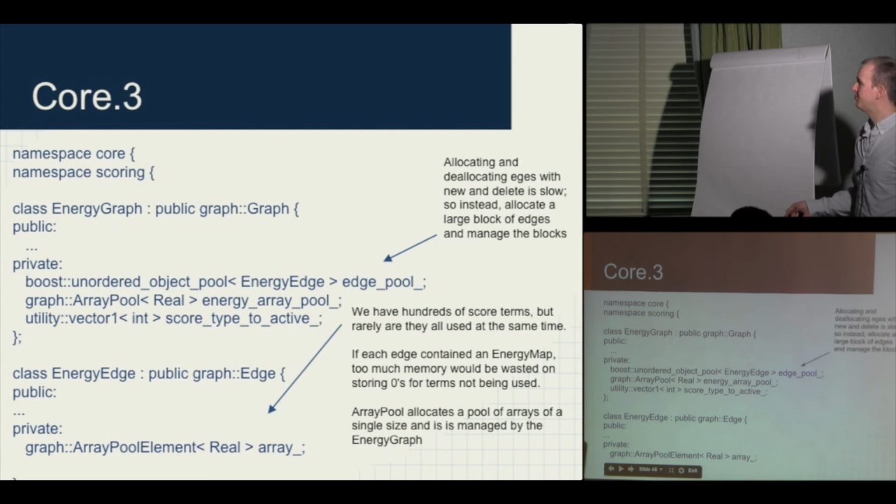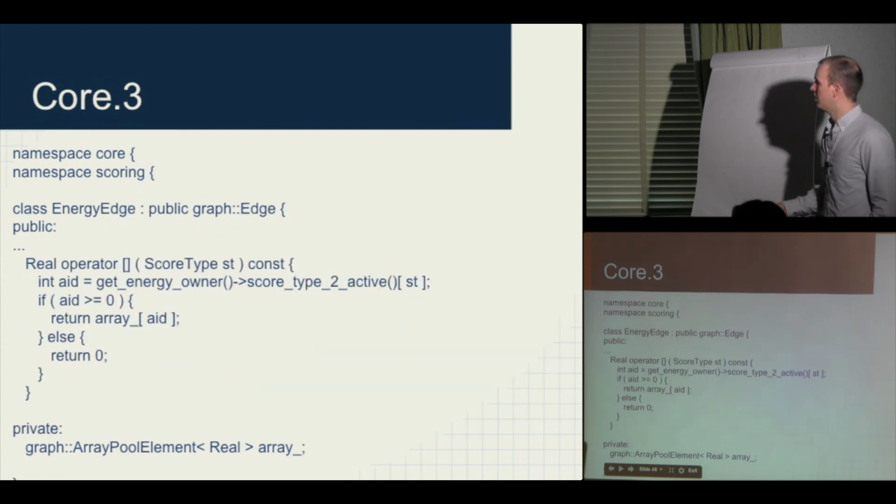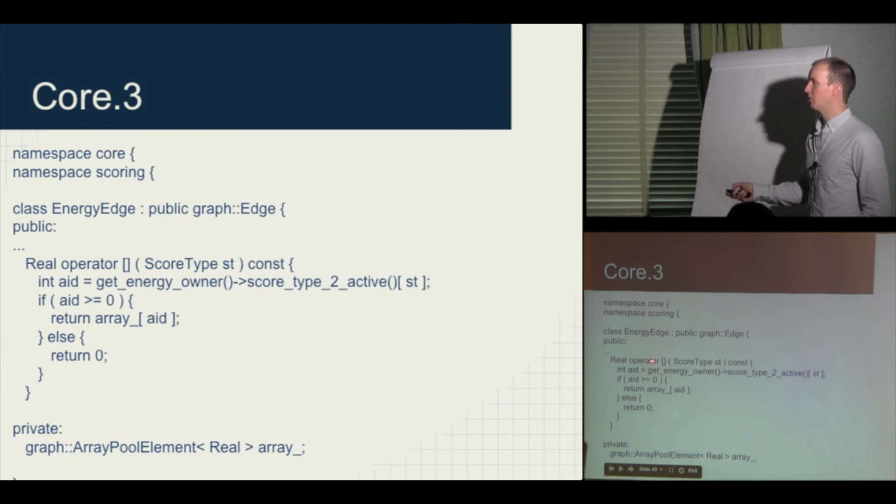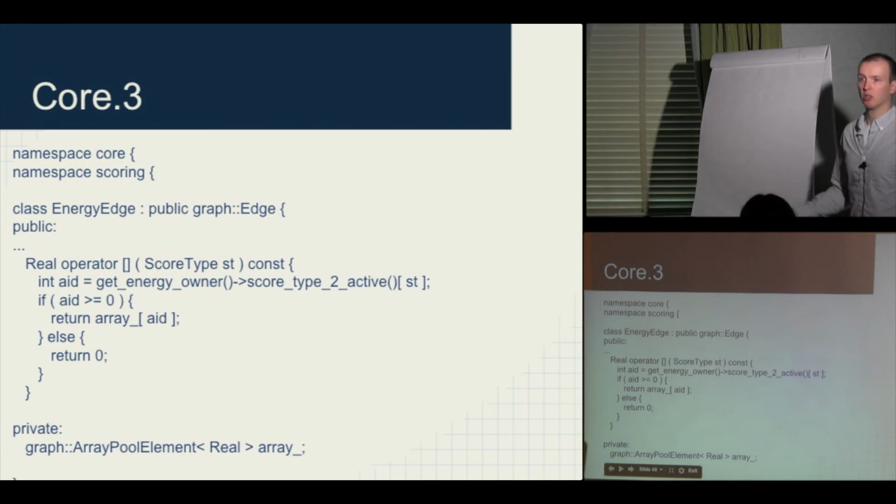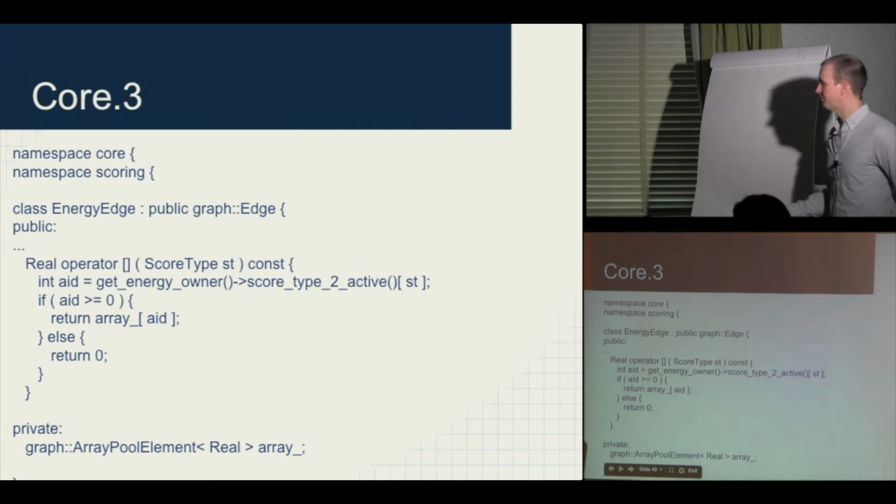So if you look at how the energy edge will give you the value for a particular score type, what it does is it figures out what the index is, this score type to active, what is the index here, AID. And so if AID is greater than 0, then you look into this small array at that position. If it's equal to 0, then you return 0. It's as if, because that score term is not active, you would say that its value is 0.